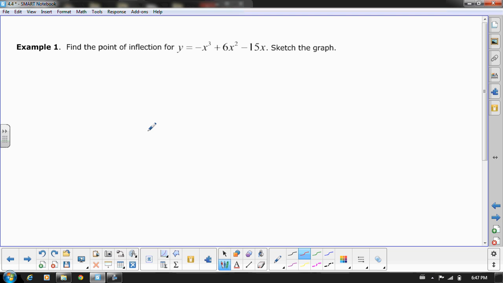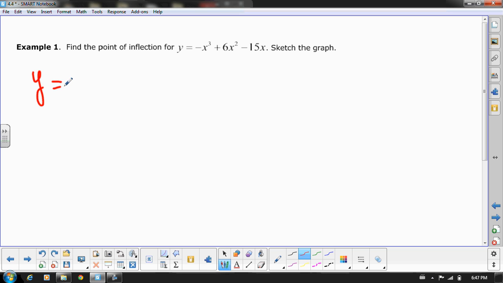Now, so typical question, find the point of inflection for y equals negative x cubed plus 6x squared minus 15x. Okay, so our first step, we're going to find the first derivative. So we get negative 3x squared plus, whoops, not 6. Oh, okay, so let's rewrite that.